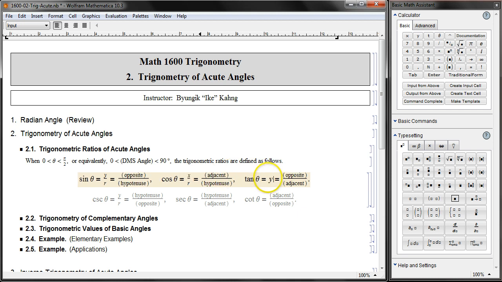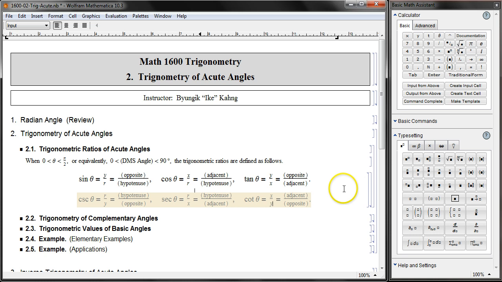Maybe I forgot. Okay, finally, this definition is complete. Sorry about a bit of a confusion.